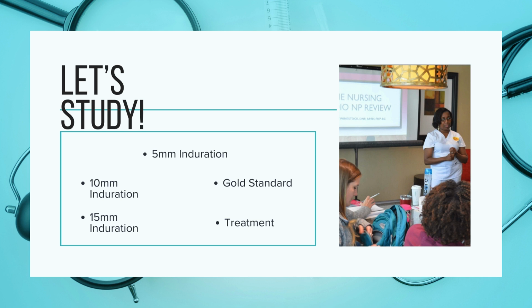So when those are positive, that goes along with the portion of confirming a differential diagnosis for TB. But also, what is the gold standard for the diagnosis, right? So to confirm that, the gold standards are chest x-rays and sputum cultures.